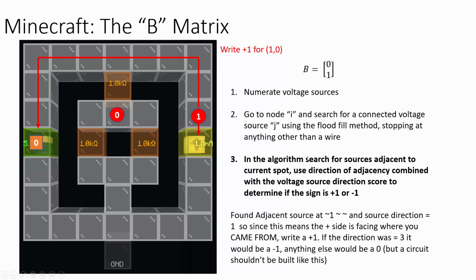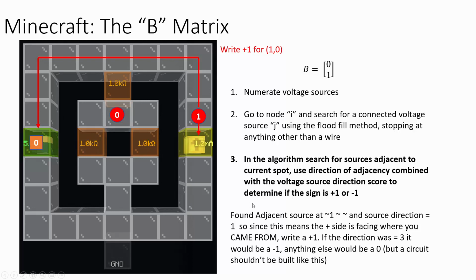for the direction, so circuit direction, and compare where did we come from? Where did we go? We came from north and we went into south. So what is the value of the direction? If the direction is directly opposite of where we came from, then it's +1. If it's the other way around, then it's -1. Otherwise, it should just be 0.